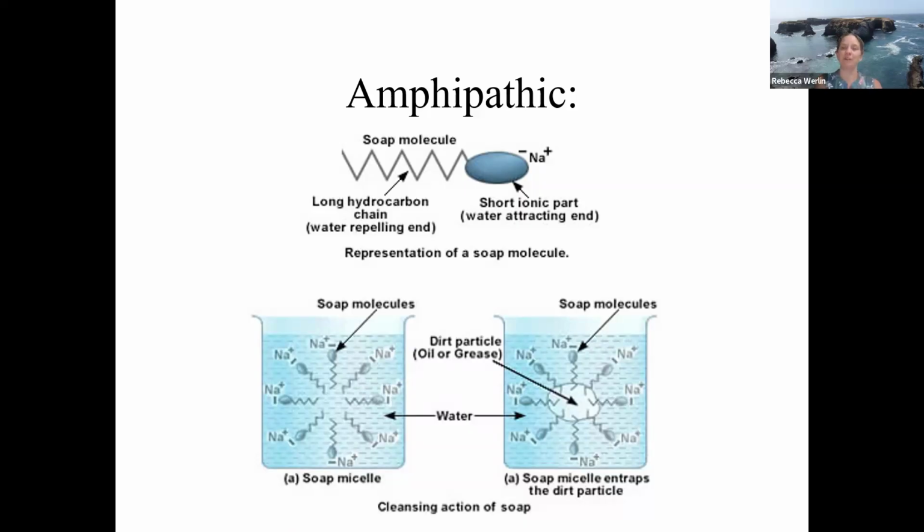And so amphipathic molecules are something like soap. You have that zigzag for a hydrocarbon chain. And in this case, hydro means hydrogen and not water. So it's a chain of carbon atoms and hydrogen atoms. And because carbon believes sharing is caring, that hydrocarbon chain is going to be, in this case, water-phobic, water-fearing.